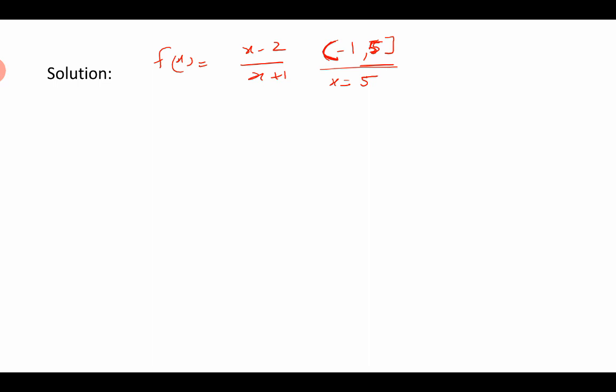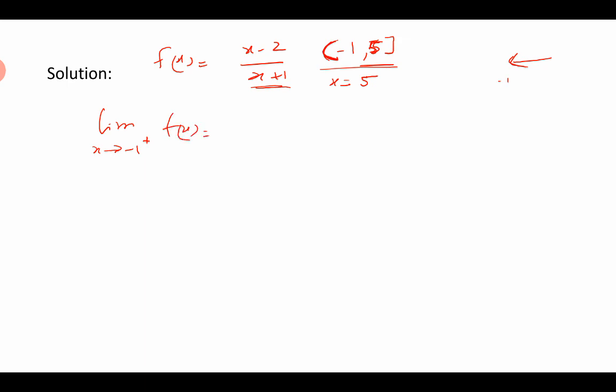So you remember when x approaches negative 1, this becomes infinity, isn't it? Limit x approaches negative 1 from the positive direction. What is it?